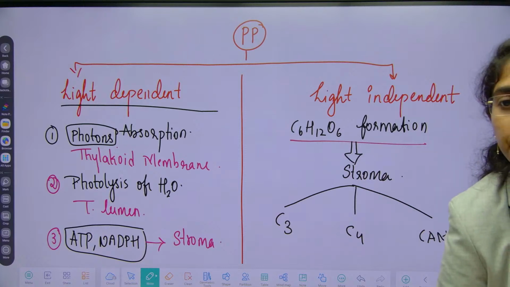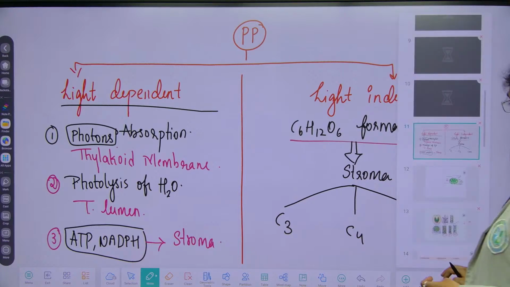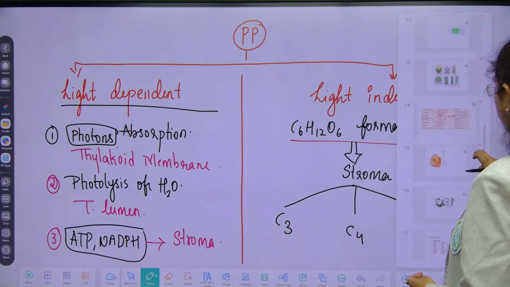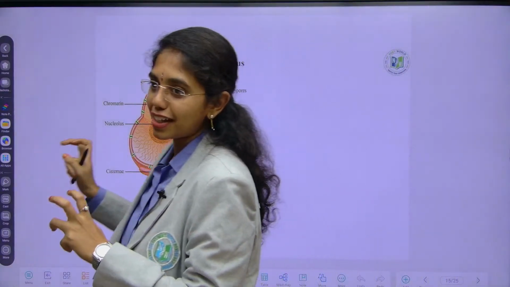Taking down. Done? Yeah. And then different types of plastids are done, and now we are entering the core organelle, that is nucleus.